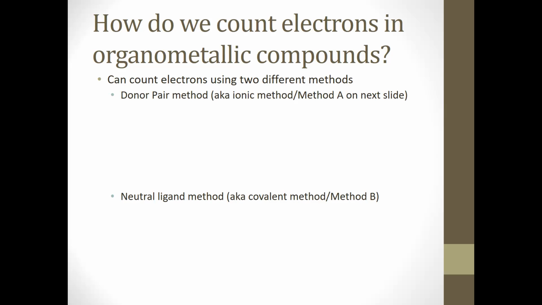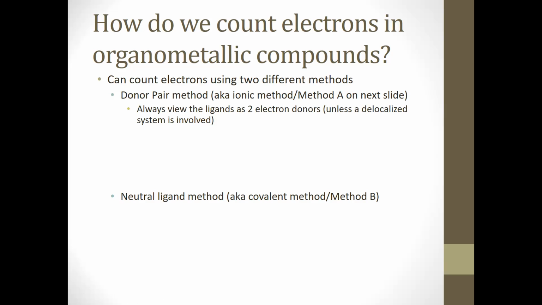For this first one, the donor pair method for counting electrons, we're always going to treat everything as an even number electron donor, a 2 electron donor for monodentate ligands, ligands that coordinate with 1 atom. They're going to donate a pair of electrons, which means anything that normally doesn't have a pair of electrons to donate, like a halide, like chlorine, for example.